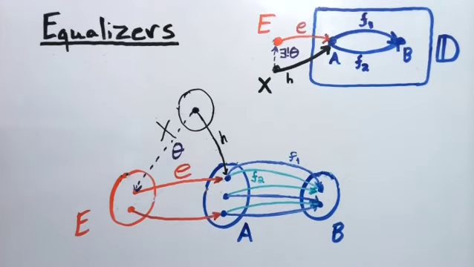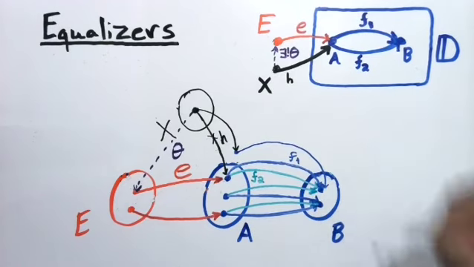We can actually use the fact that E is monic to deal with the first problem as well. So if you recall, the first problem was that there might be some element of A out here, which H maps to, like this, and on which F1 and F2 both agree.